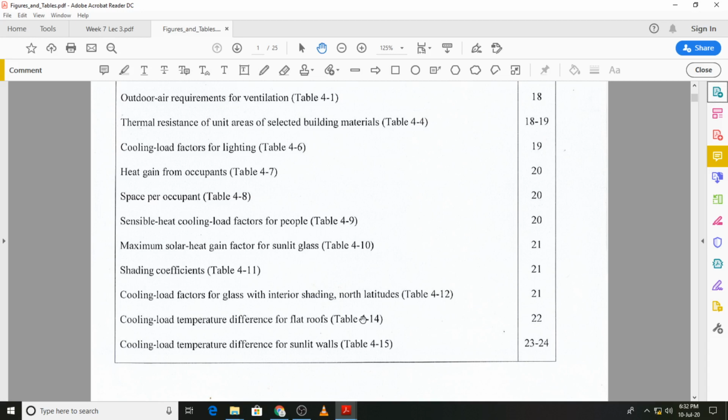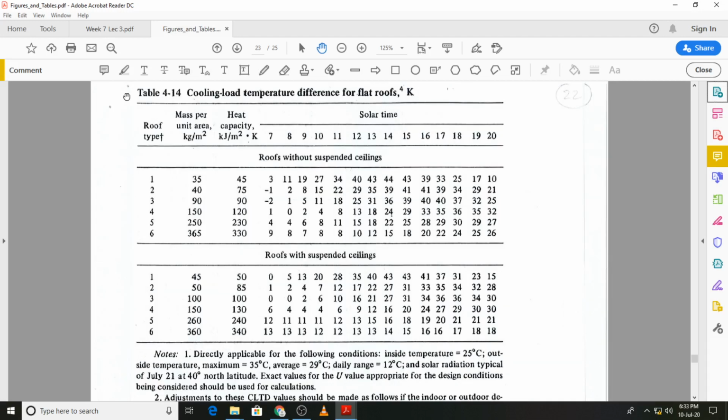So now let's proceed to the appropriate table, that is table 4-14, which is for cooling load temperature difference for flat roofs. We can see that the CLTD value for flat roofs has two sets of data, one for roofs without suspended ceiling, the second for roofs with suspended ceiling. We have a roof without suspended ceiling, so we will use the first set of data.